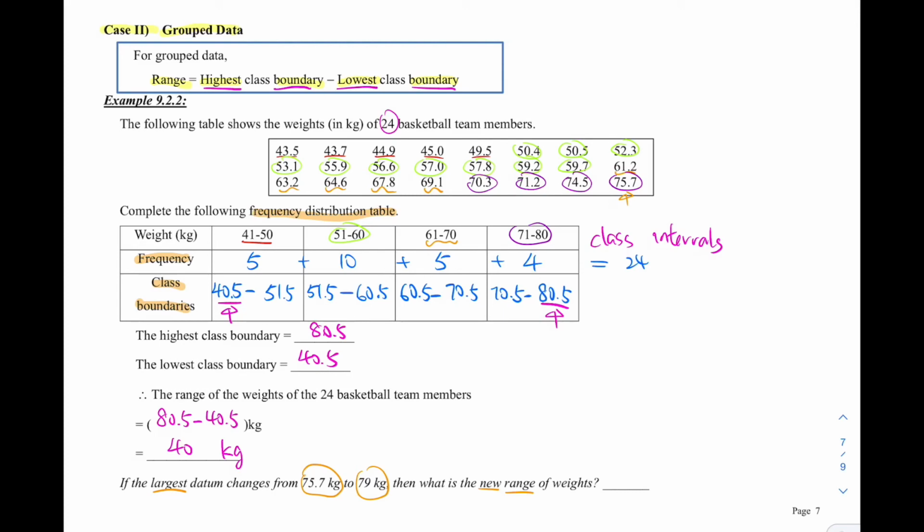Here, because 79 is still in the 4th class interval, the upper class boundary 80.5 is unchanged. So there is no change in the range. Still, we have 40 kg.